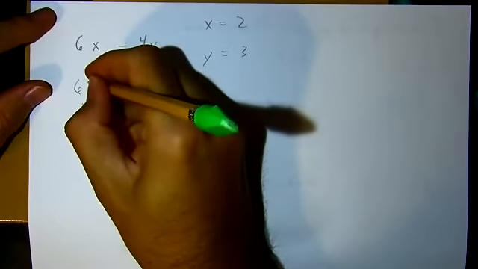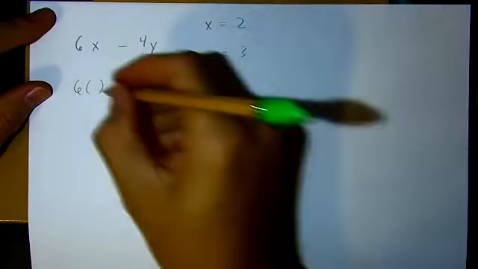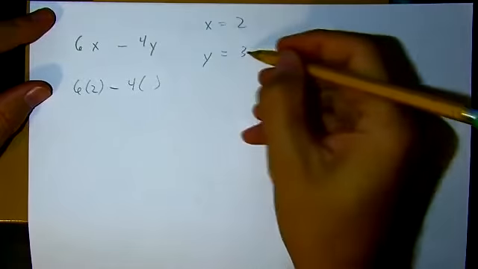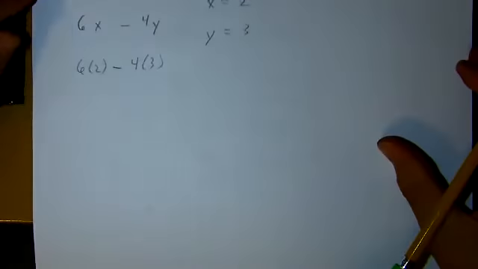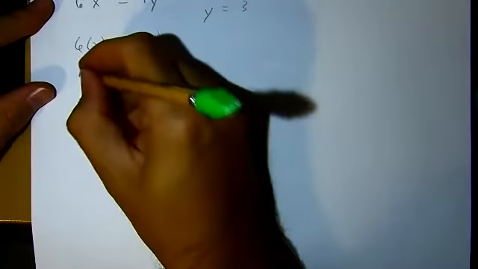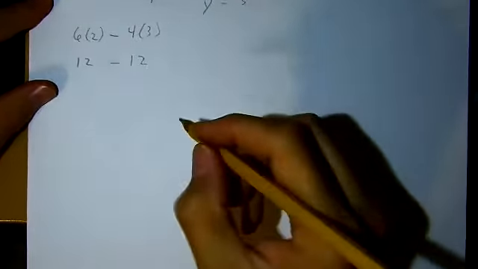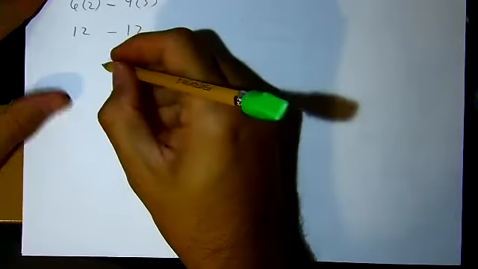So you just rewrite your problem, parentheses, find your x, subtract 4, parentheses, find your y. Do your multiplication first. I wasn't expecting that. Just made that up on the fly, but sometimes your answers are going to be 0.